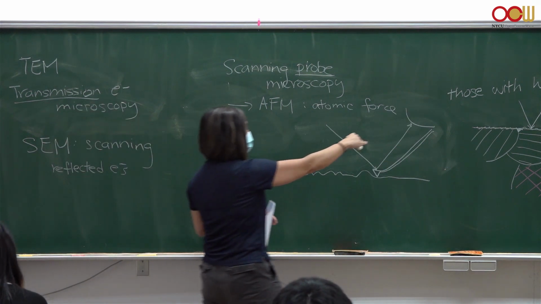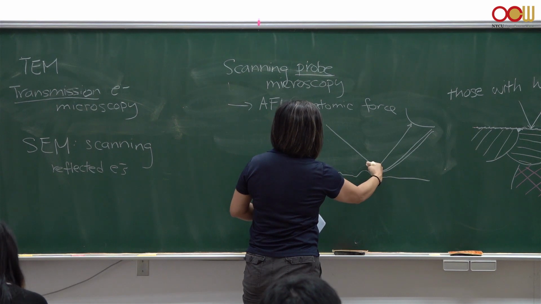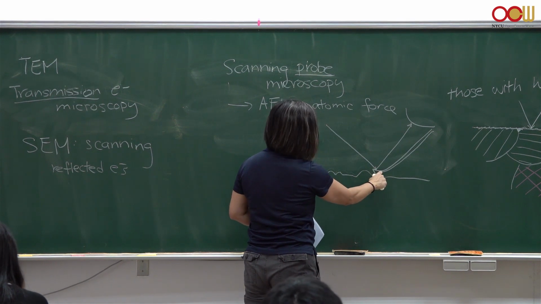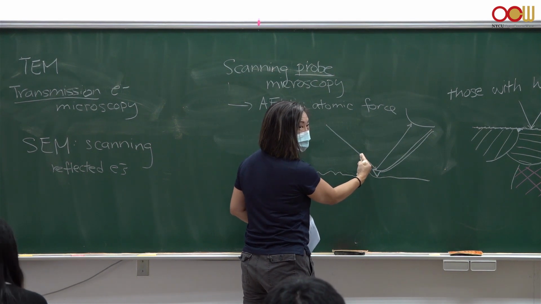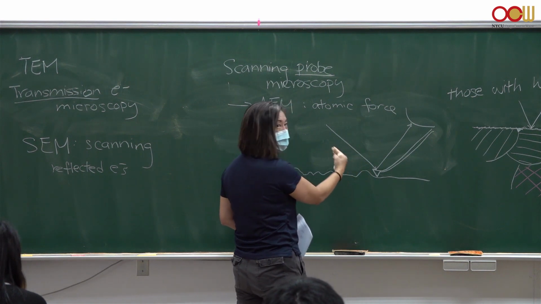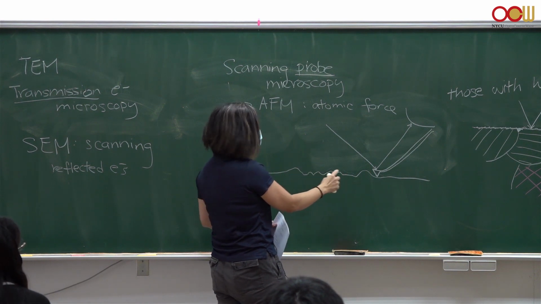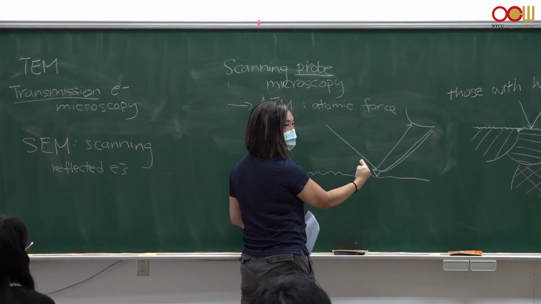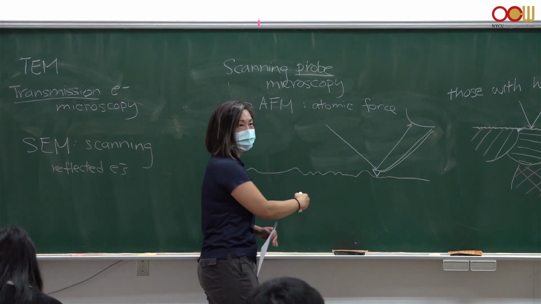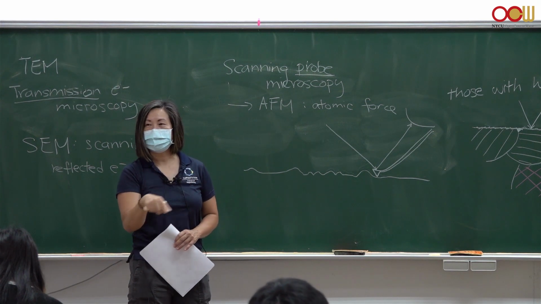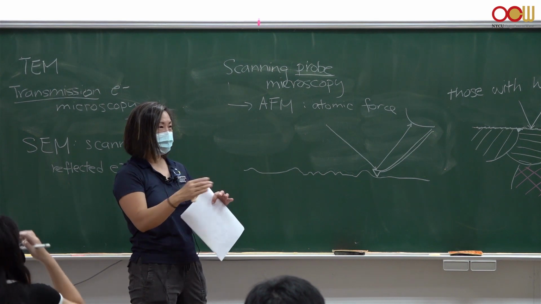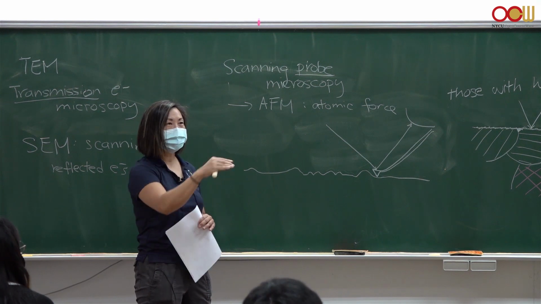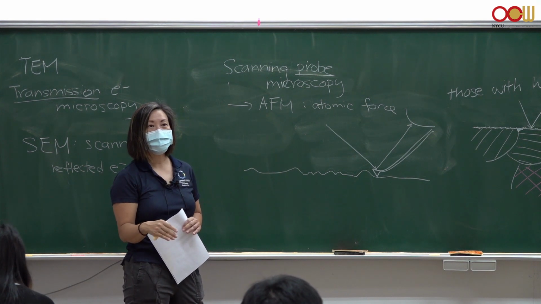As the probe goes along the surface, it's going to tilt depending on the contours of this material, right? And so the reflected laser will change direction depending on what the material surface looks like. And so by looking at the collected laser beam, it knows the contours, the topography of that material surface.